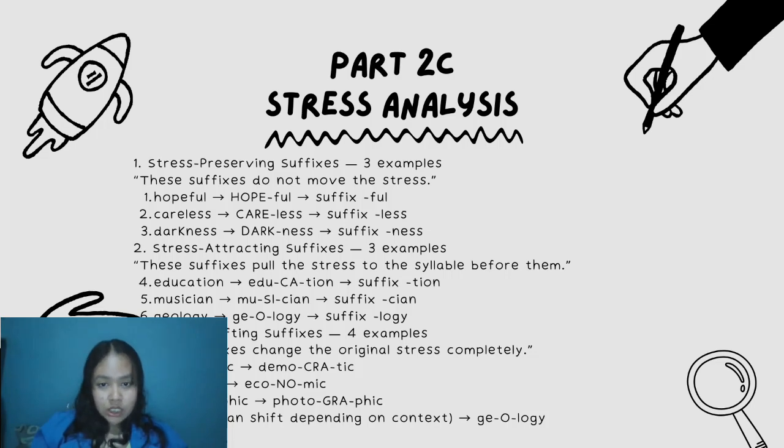Stress-shifting suffixes include democratic, economic, and photographic, where the original stress pattern changes completely. This stress analysis is based on Plag, Word Formation in English, and Roach, English Phonetics and Phonology.